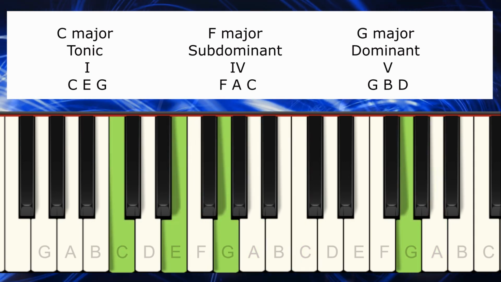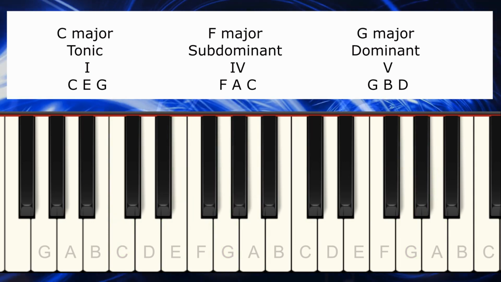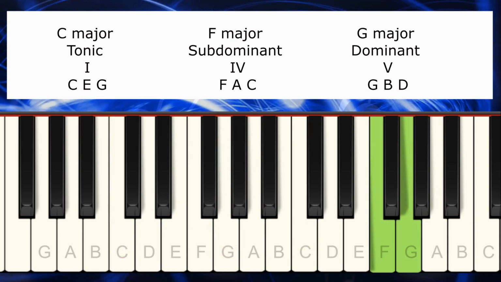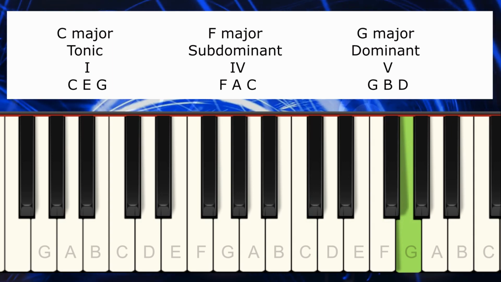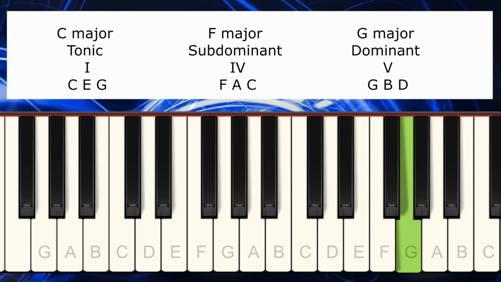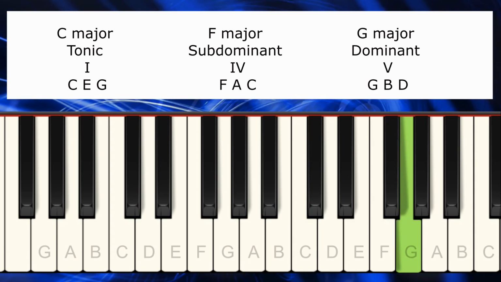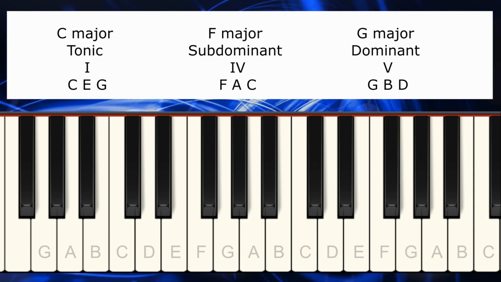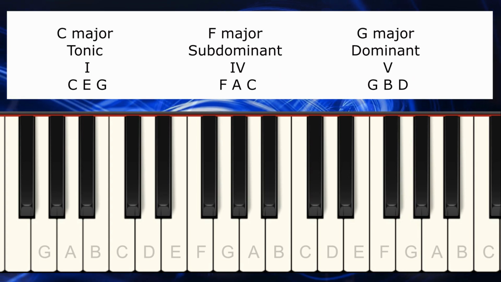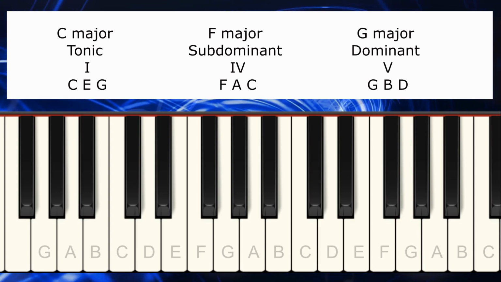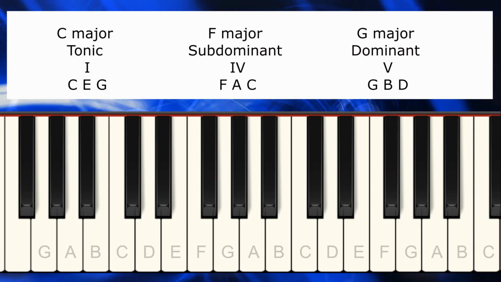You might be wondering why, if the melody goes like this, why don't I go to a G here in the second or third note of the melody? Well, we can do that. It's going to sound not standard, but we can do that.